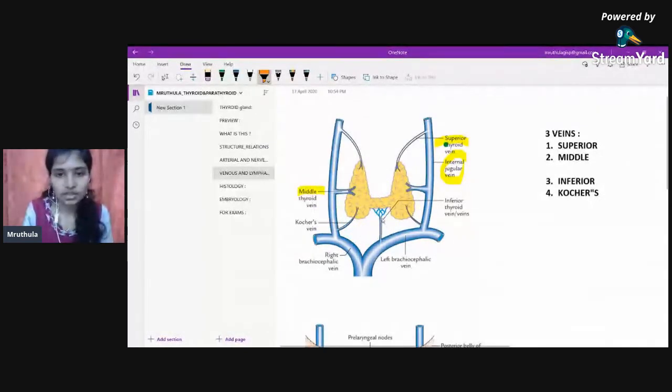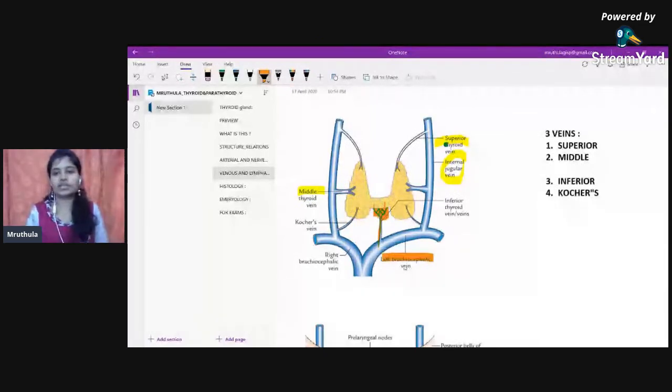Where does it drain? See, the inferior thyroid vein is present on the inferior aspect of the isthmus of the thyroid gland. So here it is. It is draining into the brachiocephalic vein, especially the left brachiocephalic vein. That's an important thing you need to know.